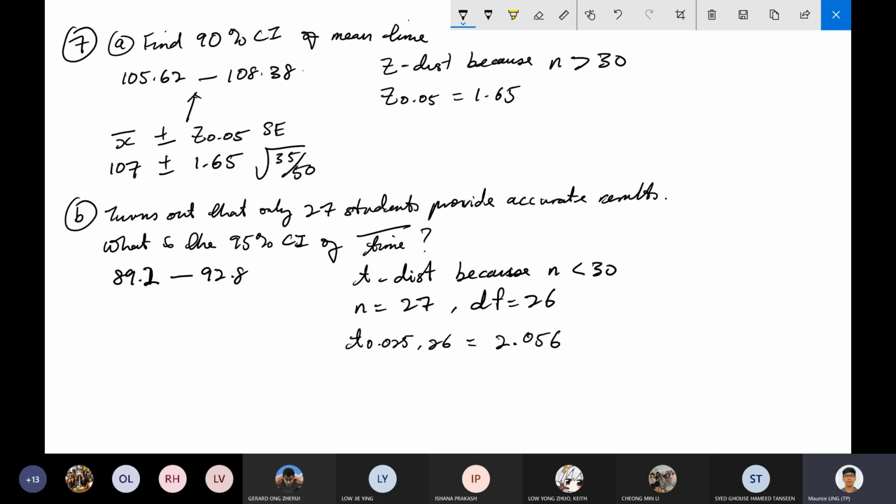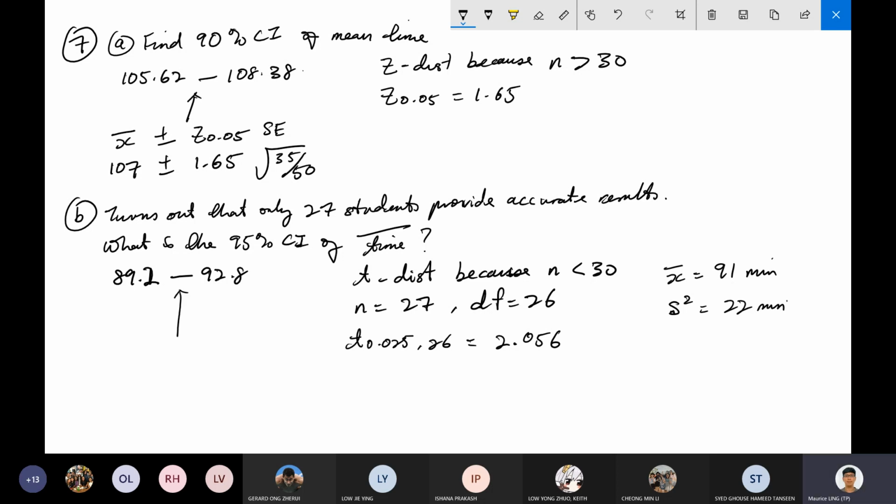Okay. So here, the question actually gives you the mean is 91 minutes, and the sample variance is actually 22 minutes.